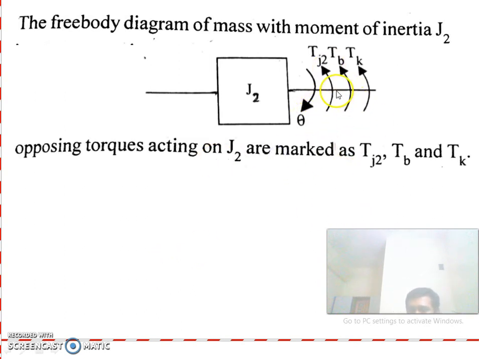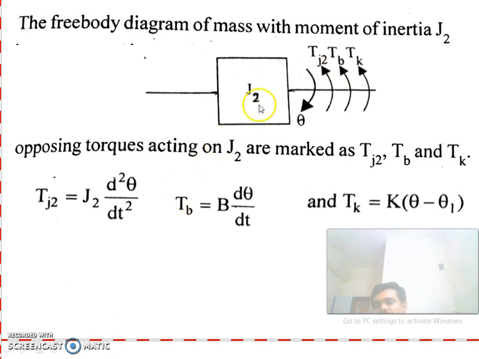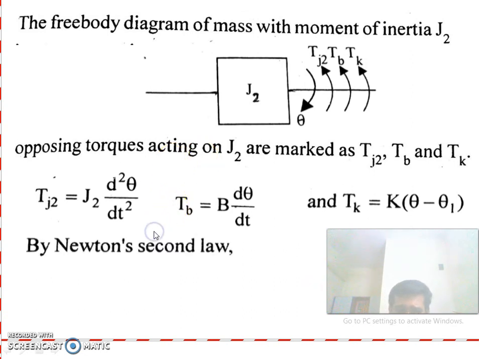The opposing torque due to J2 is J2 into d square theta by dt square, due to the dashpot B it is Tb equal to B into d theta by dt, and due to the spring it is Tk equal to K into theta minus theta 1. Here there is no applied torque. So by Newton's law, applied torque is equal to opposing torque, and since there is no applied torque, it is 0.